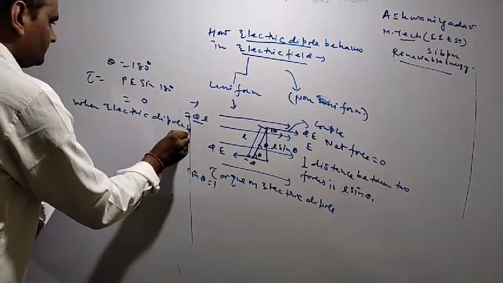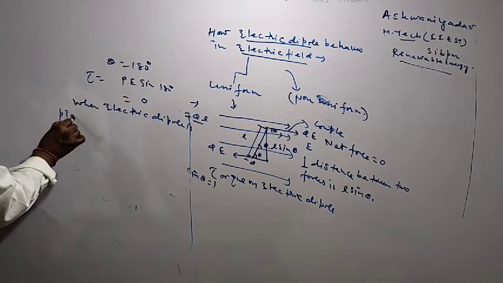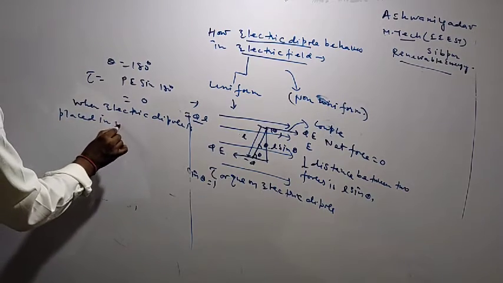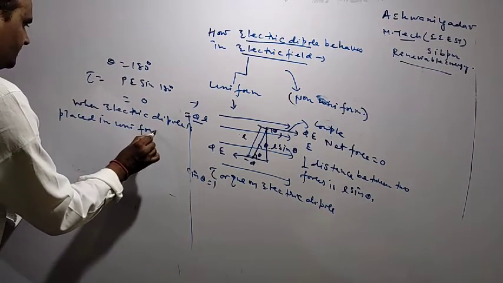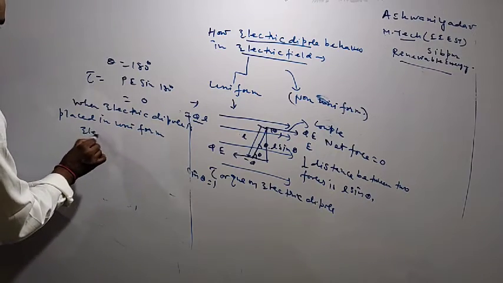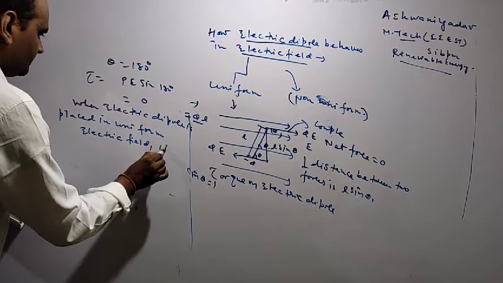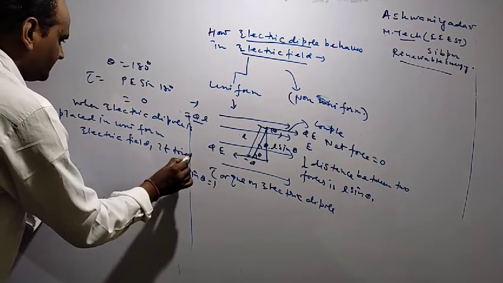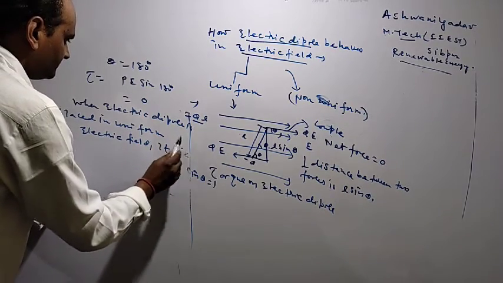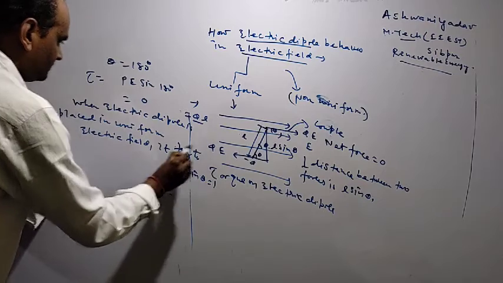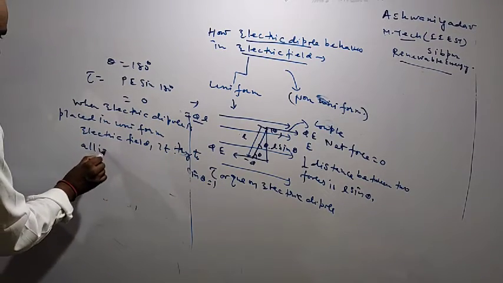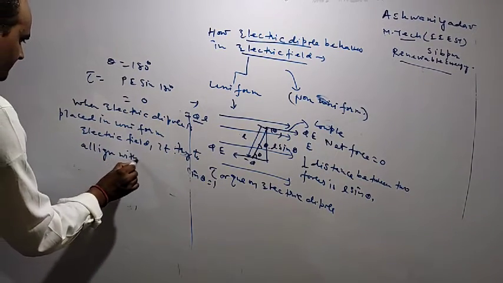So when electric dipole is placed in uniform electric field, it tries to align with electric field.